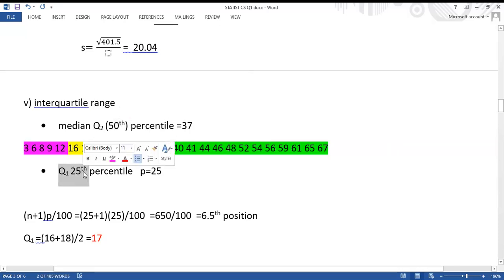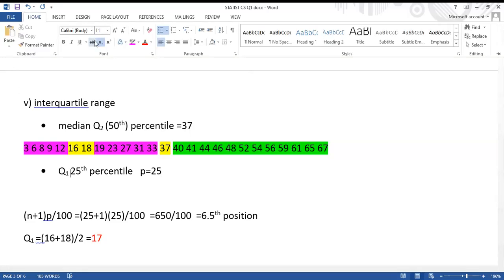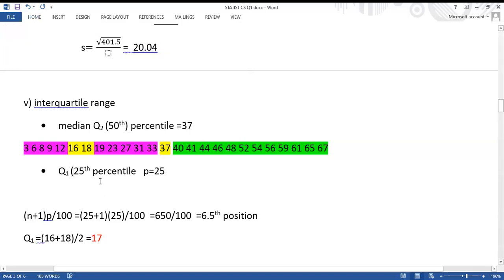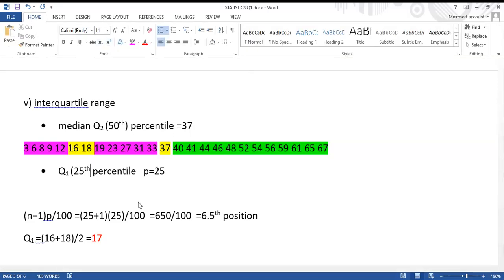Q1, 25th percentile. Q3, 75th percentile. It's standard, right? Always Q2 is the 50th, Q1 the 25th, and Q3 the 75th percentile. There will never be a time Q2 will be 25, or these interchange.